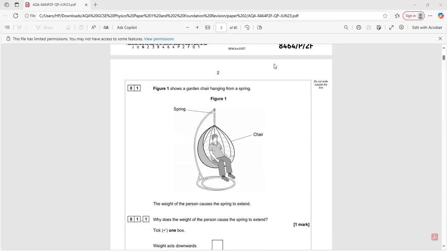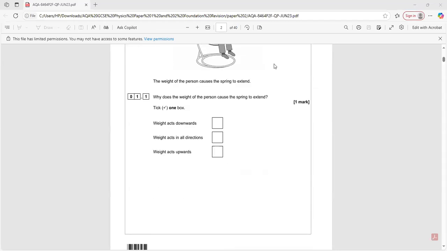So the first question has to do with the string. I think this is the area that has to do with forces. The question is, why does the weight of the person cause the string to extend?